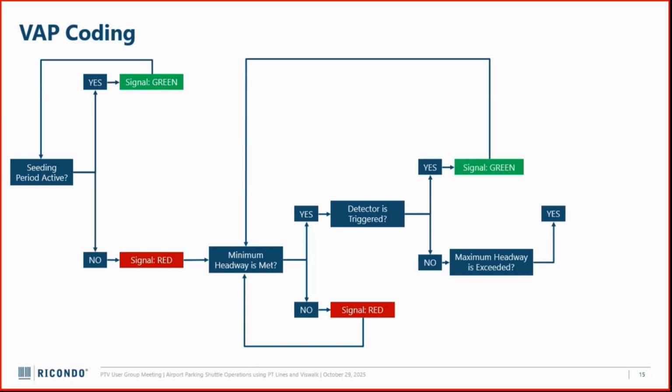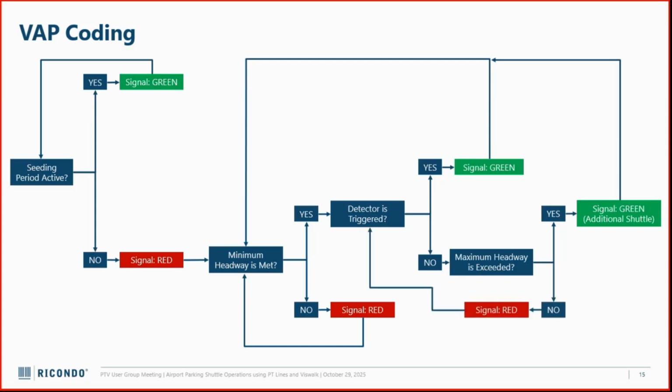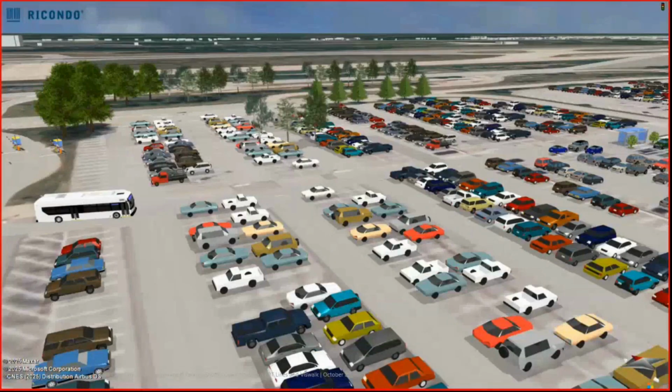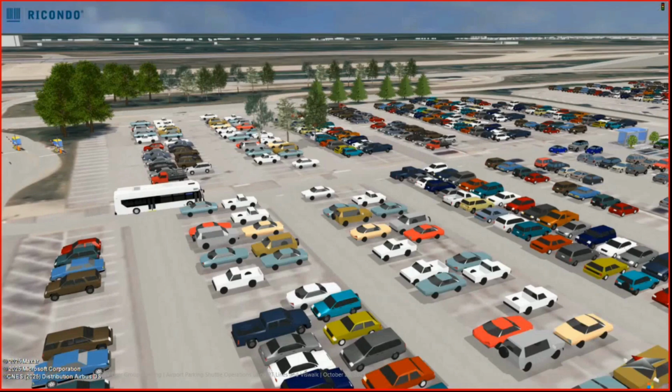And if it is, then an additional shuttle is released into the network to alleviate any impacts of the extended headway. If it is not, then the signal will remain red and this loop will continue. This is how our VAP worked. You can see a shuttle completing its loop being replaced by a new shuttle. You might be able to spot where it actually picks up the next shuttle.